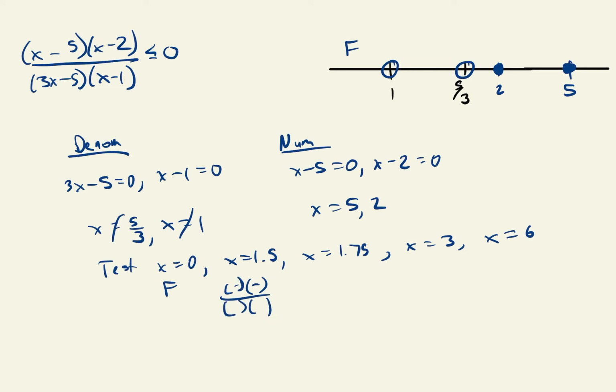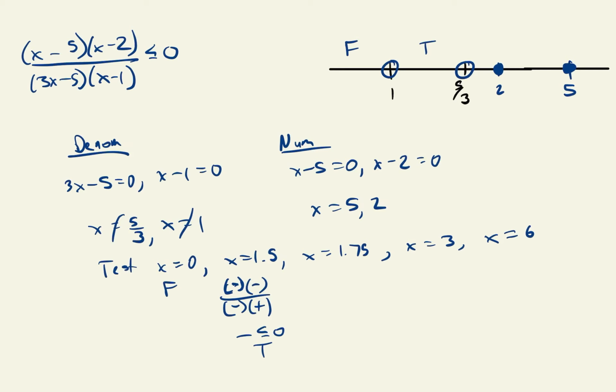On the bottom, 3 times 1.5 is 4.5, so this will also be negative. And 1.5 minus 1 is going to be a positive. So this time you have 3 negatives, which is a negative. So a negative is less than 0 is true.